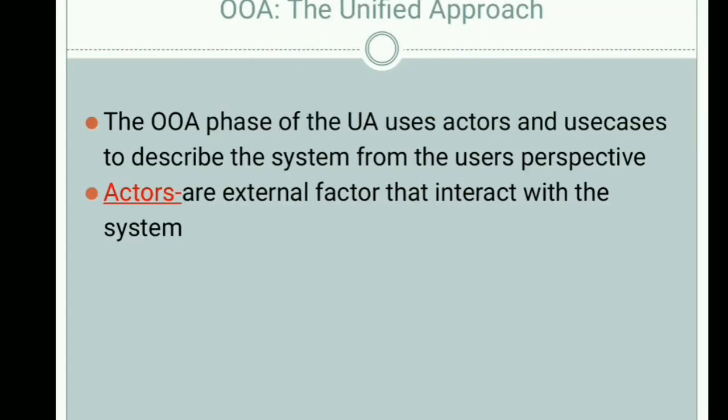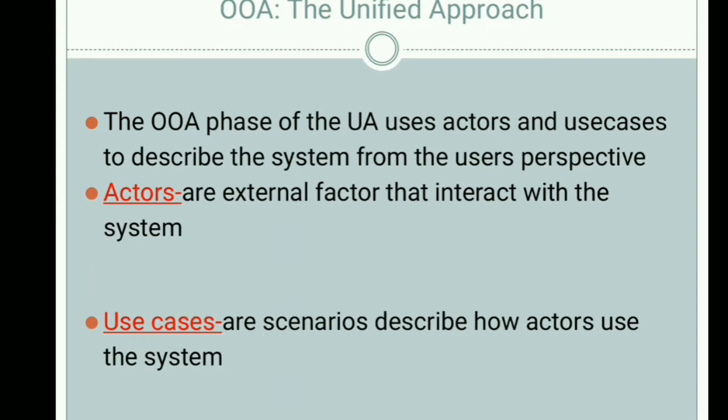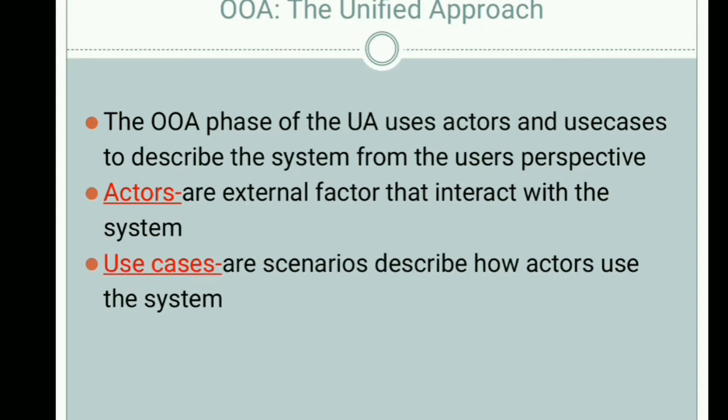Again, in the unified approach, use cases play an important role. So, what exactly are use cases? Use cases are scenarios that describe how actors are going to use the system. So, use cases are a description of a role played by the actor.